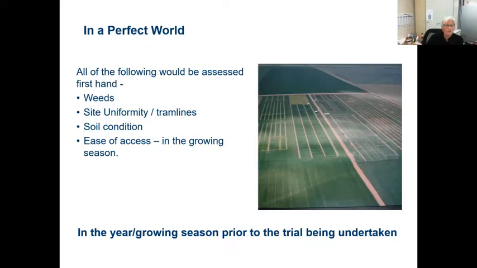The weeds, you would like to look at the weed seed set, the soil condition, and how easy access is to the site. You can see on the picture that's put there, I'm not sure, it's one of Steve's areas, I think, and how quite uniform it is.